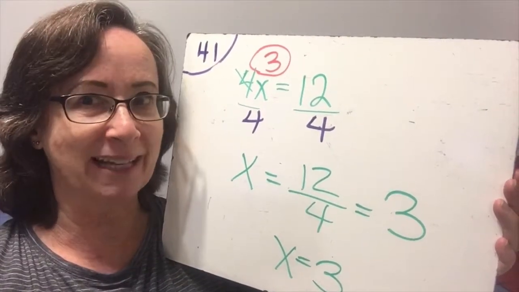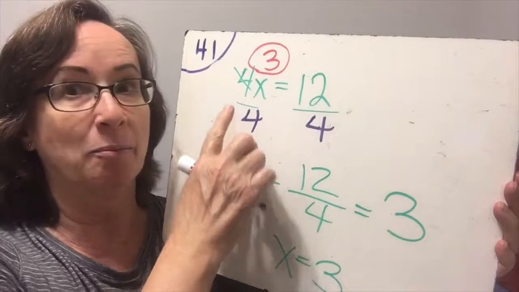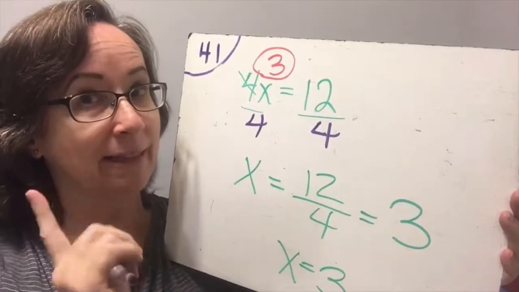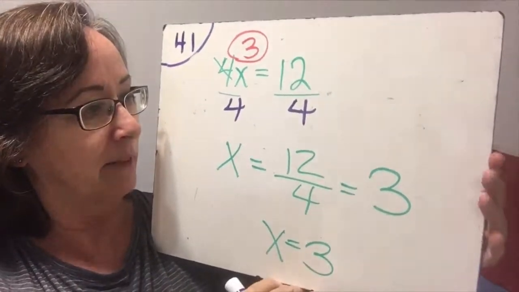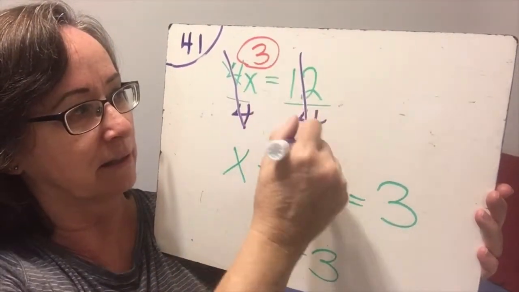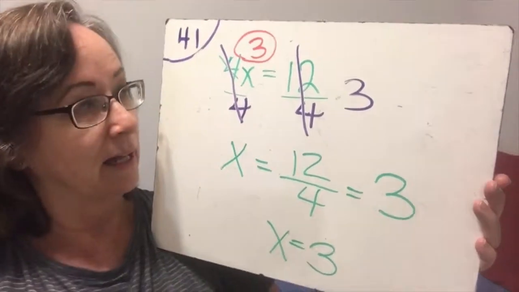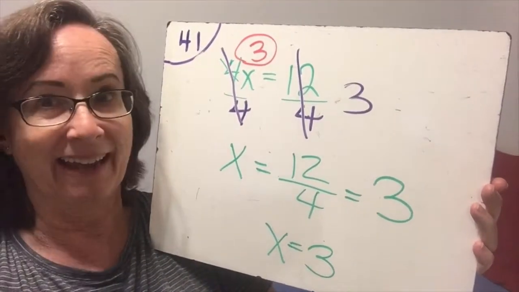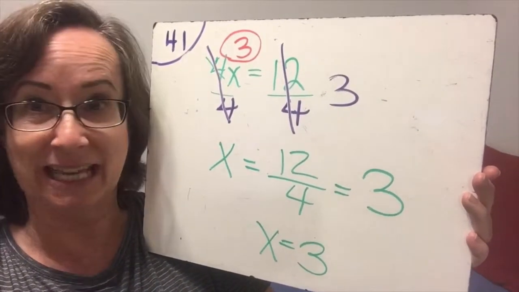So they are equivalent operations. So we can multiply or divide by the same non-zero number on both sides. And notice we would still get x equals 3 when we divided 12 by 4. That's just another way to do the same problem.